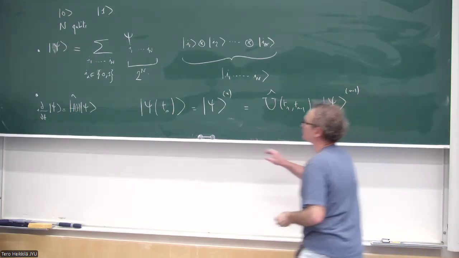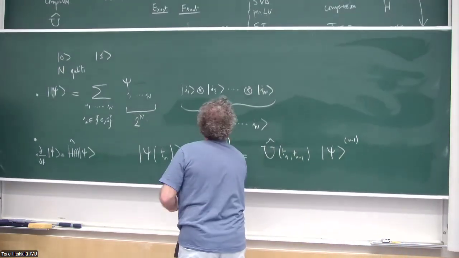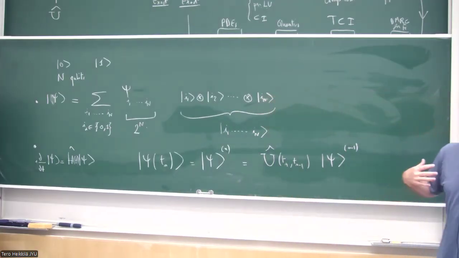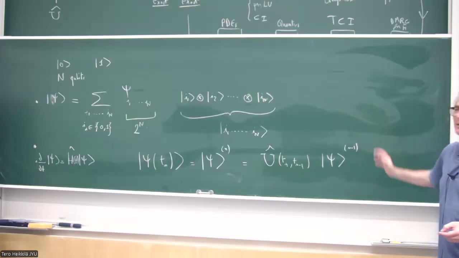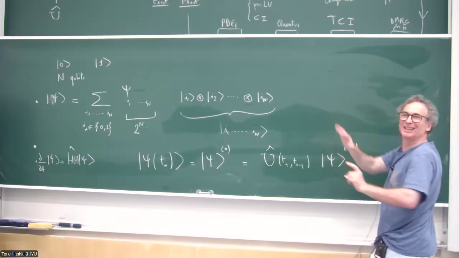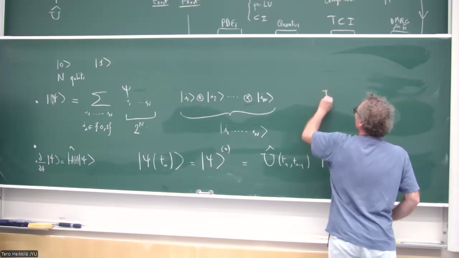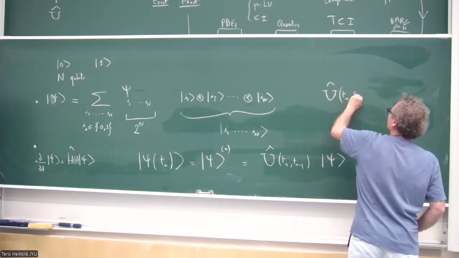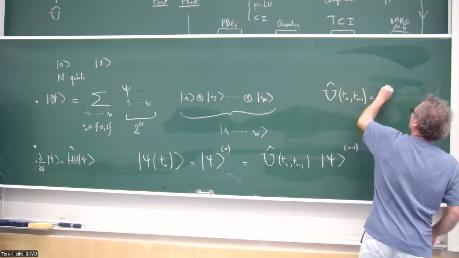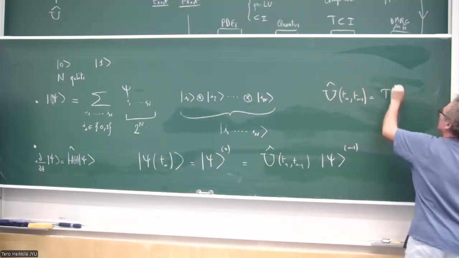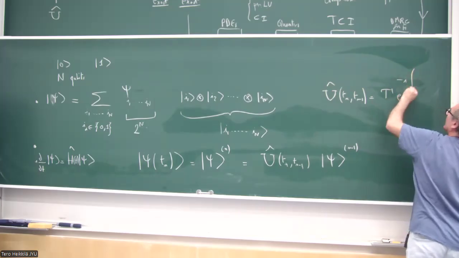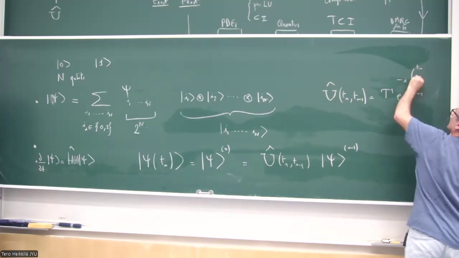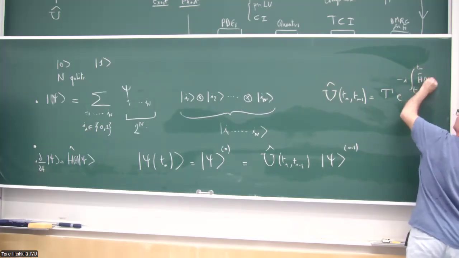I'm sorry, this is where you see that I'm not a real professor, that I can't organize my blackboard correctly. So U between tn and tn minus 1 is a time ordering operator times exponential of minus i integral between tn minus 1 and tn of h of t dt.